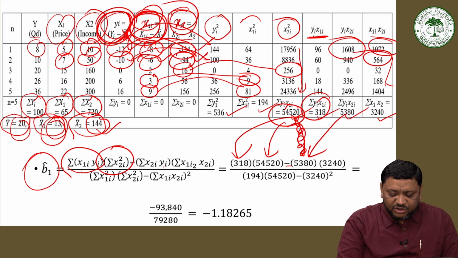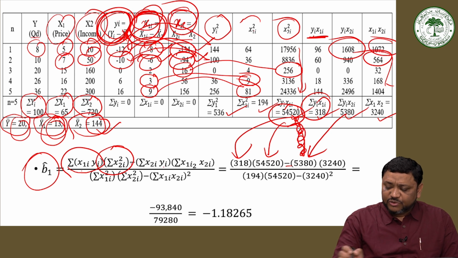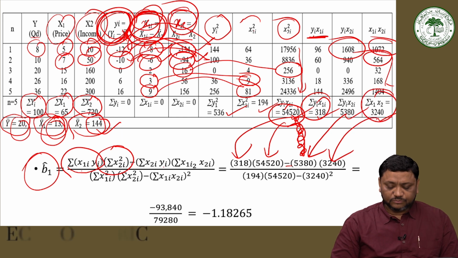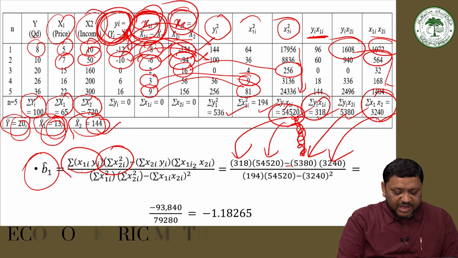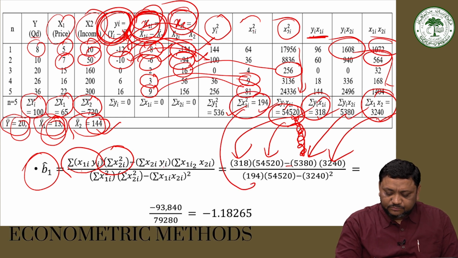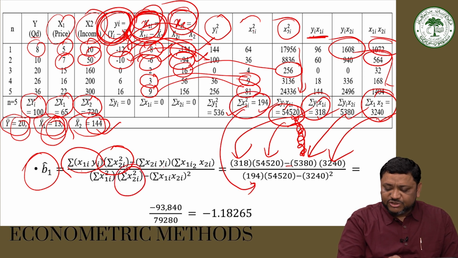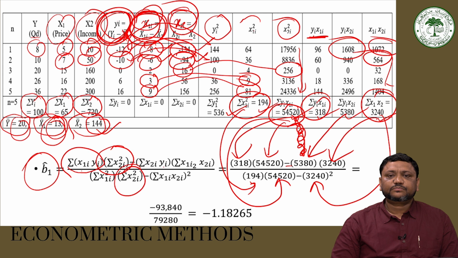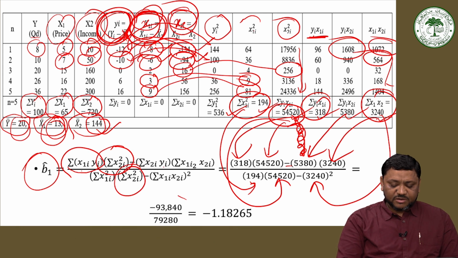Then we need the summation of x1i x2i. In the denominator, we have x1 square, x1 square, we have x2 square, we have x1 x2 square. So we add, the numerator is this much, the denominator is this.